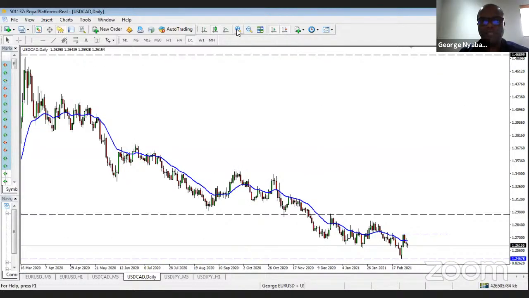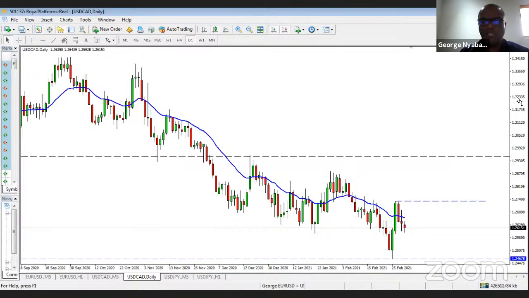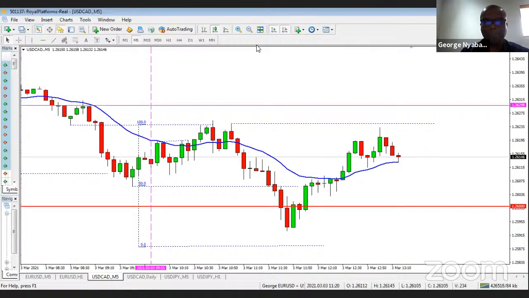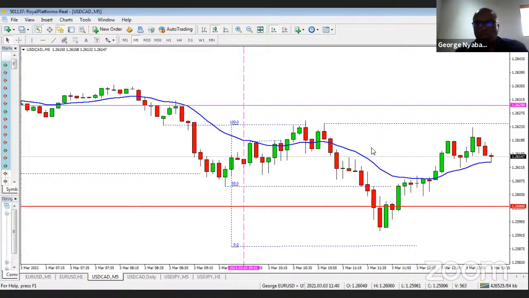Okay, just putting back the daily time frame, and I want to take you again. Okay, so let me just give you another insight into measured moves again. Let's look at our own particular time frame, the time frame that we are trading.